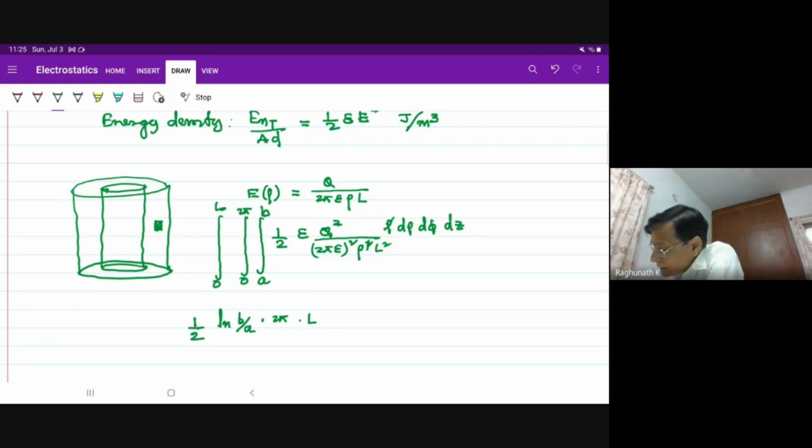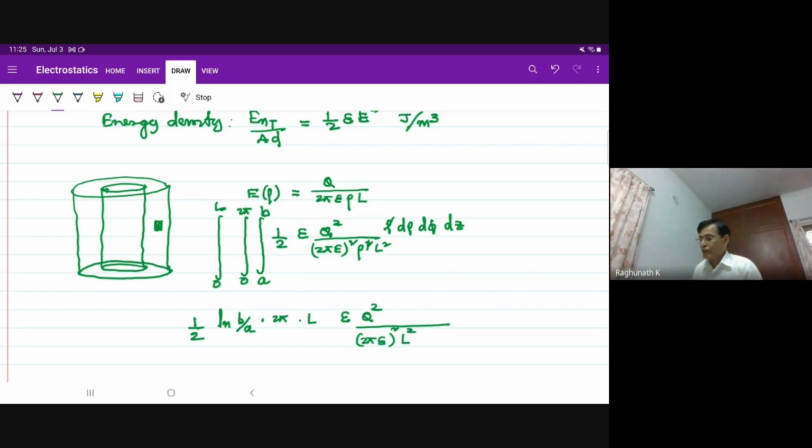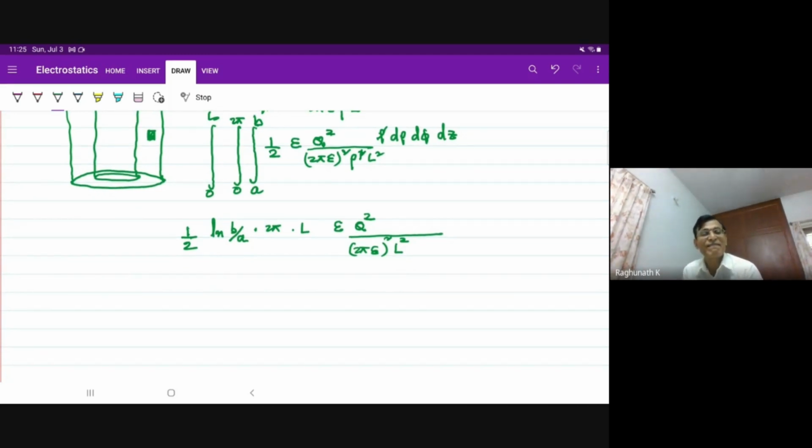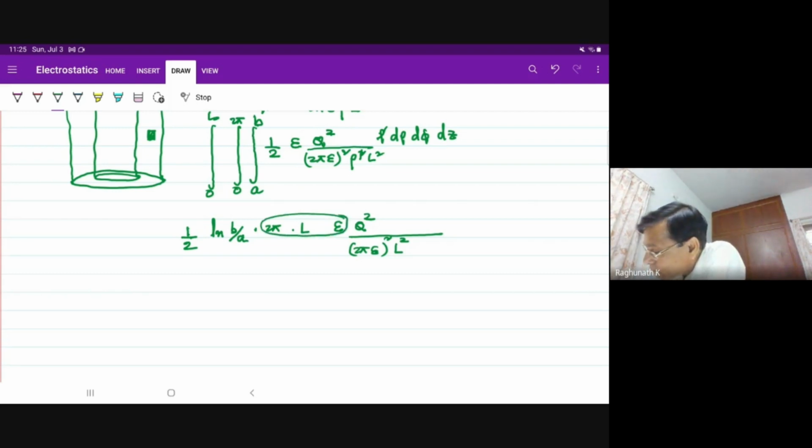The constant is epsilon Q squared by 2 pi epsilon whole squared L squared. Check it. What will happen to this? 2 pi epsilon L, this 2 pi epsilon L whole squared will go.